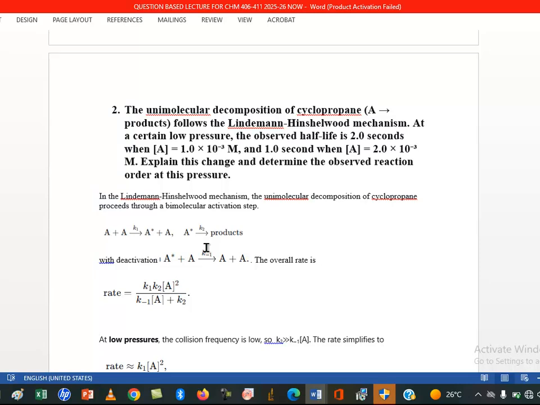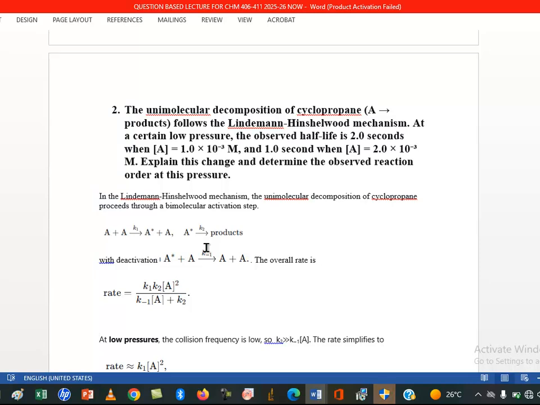So what makes low pressure different? At low pressure, the collision frequency is low. That means k2 is far greater than k-1[A]. So k-1[A] is negligible, and we can just rule it out.